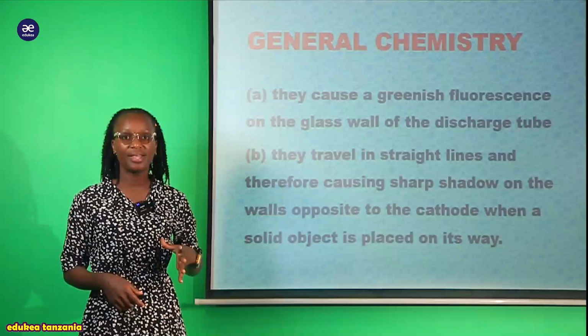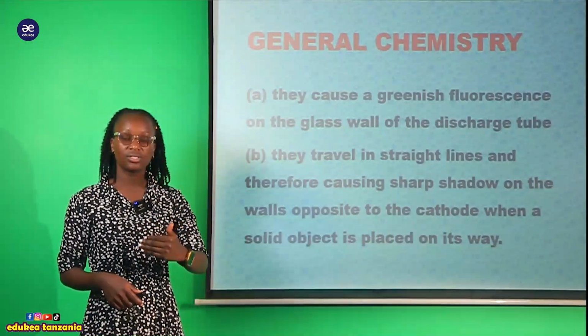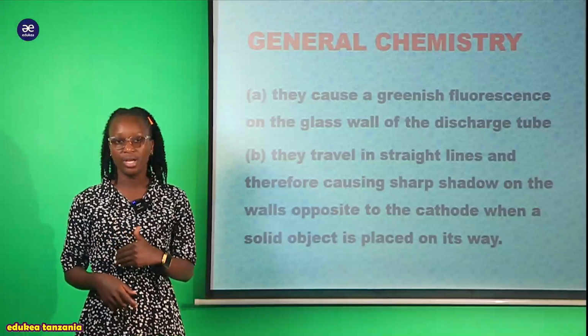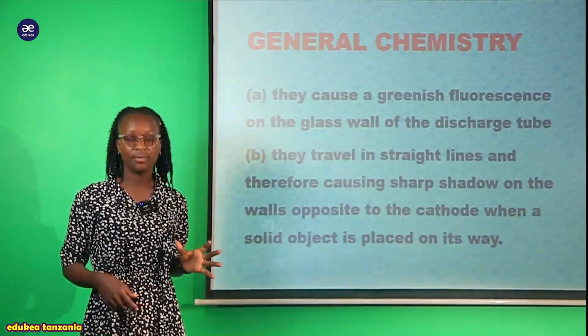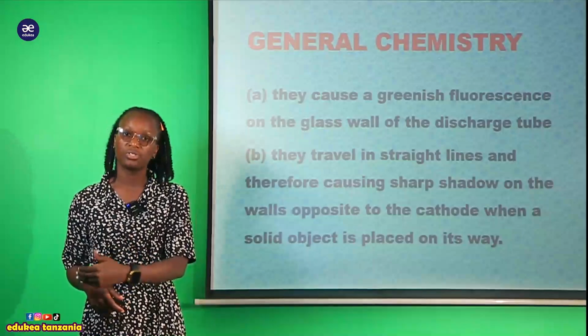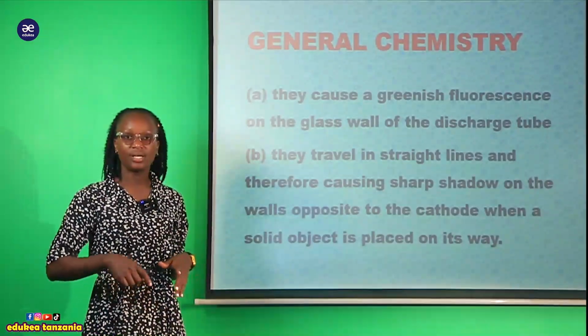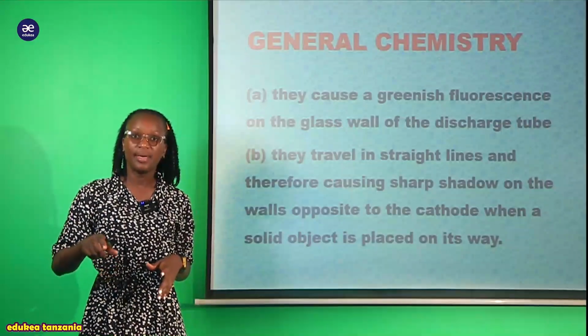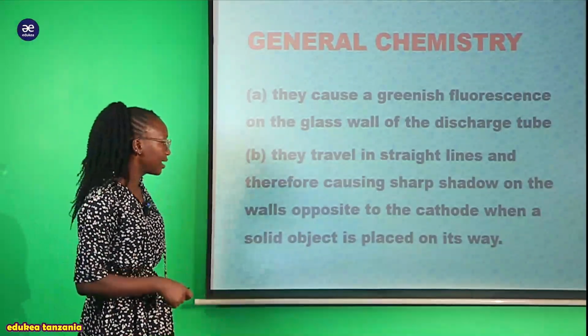Zina path in a straight line, lakini during the pass zilikuwa zinakuwa attracted at the anode, ndipo zikajulikana kwamba the rays are negative because they are attracted toward the positive. Zilipokuwa zinapita kwenye tube zilikuwa zinakuwa attracted toward the what, the positive side, zikajulikana the rays are negative.